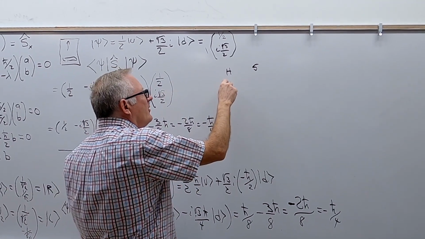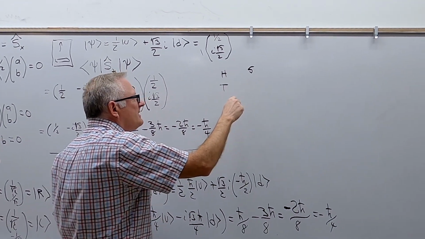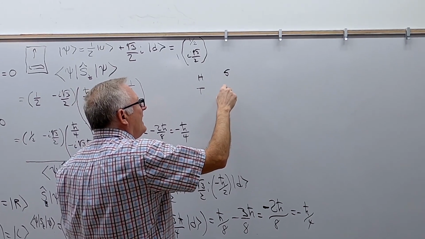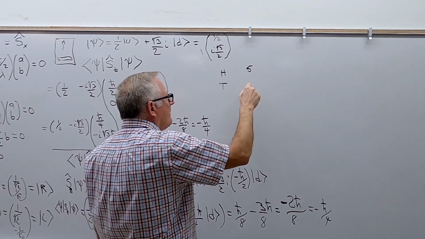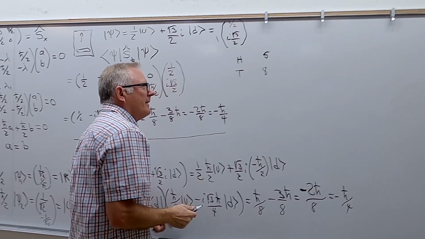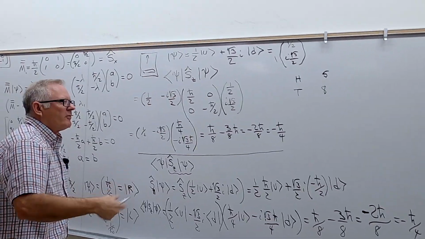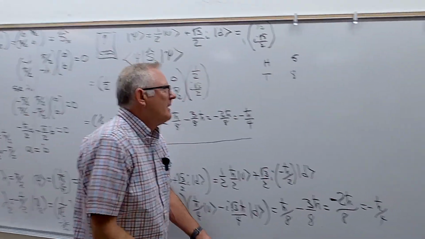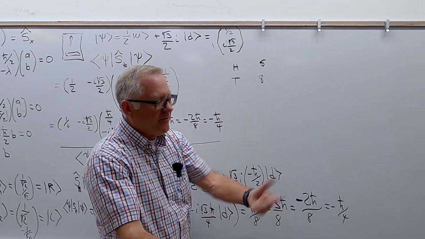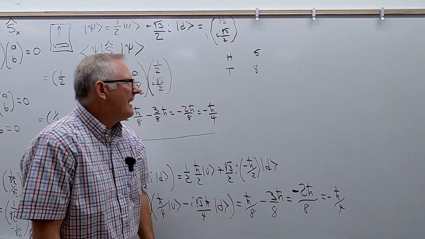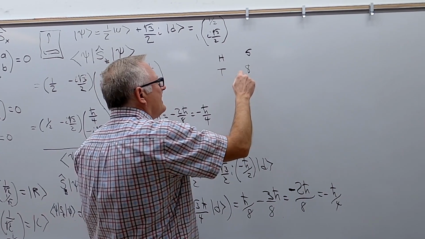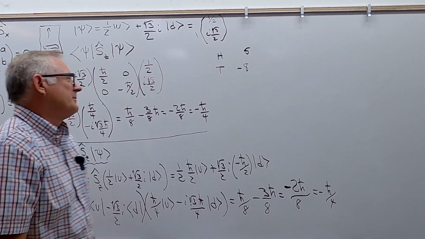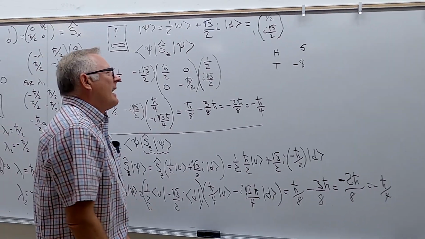And then if you get a tails, let's just say you add 8. I could subtract 8, but we could just say you get the 8 right here. And so now you just start flipping coins. Every time you get a head, you add 5. Every time you get a tail, you get 8. Actually, let's say you subtract off 8. Maybe that's better.